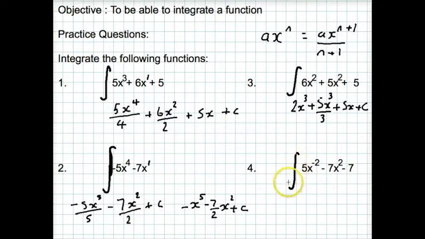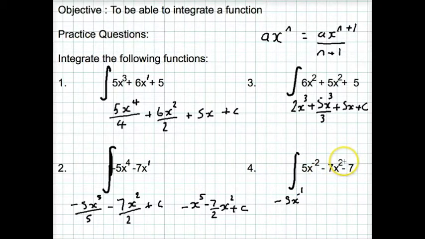And question 4 then, final one. We've got a negative power here. This would then go up 1, so negative 2 raised by 1 would be negative 1, and then of course we'd have to divide it by negative 1 as well. So 5 divided by negative 1 is going to turn that to a negative, so we're going to have negative 5x to the negative 1.